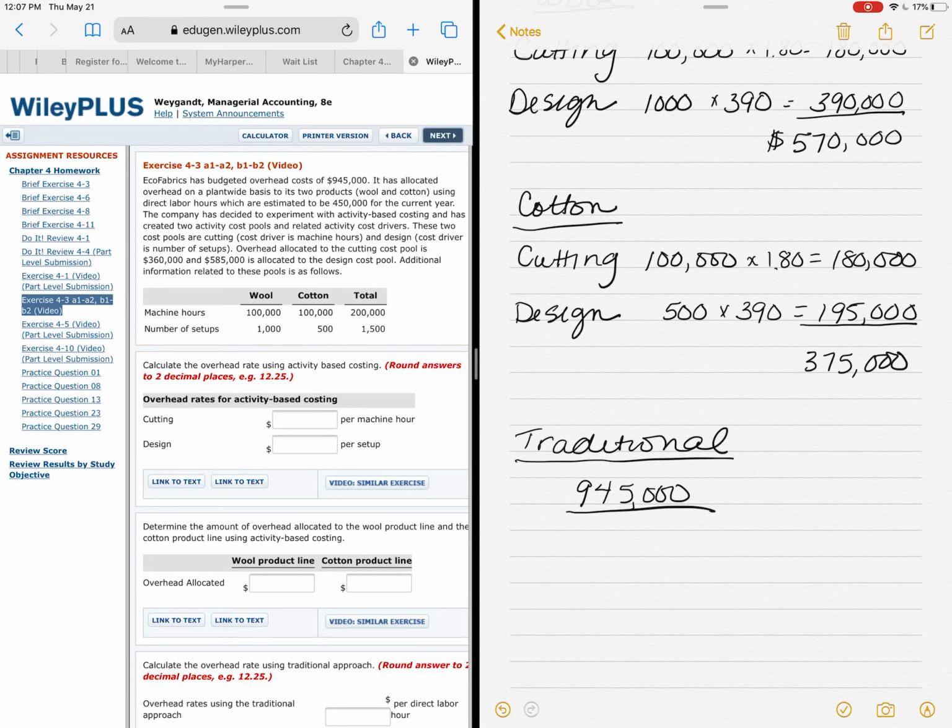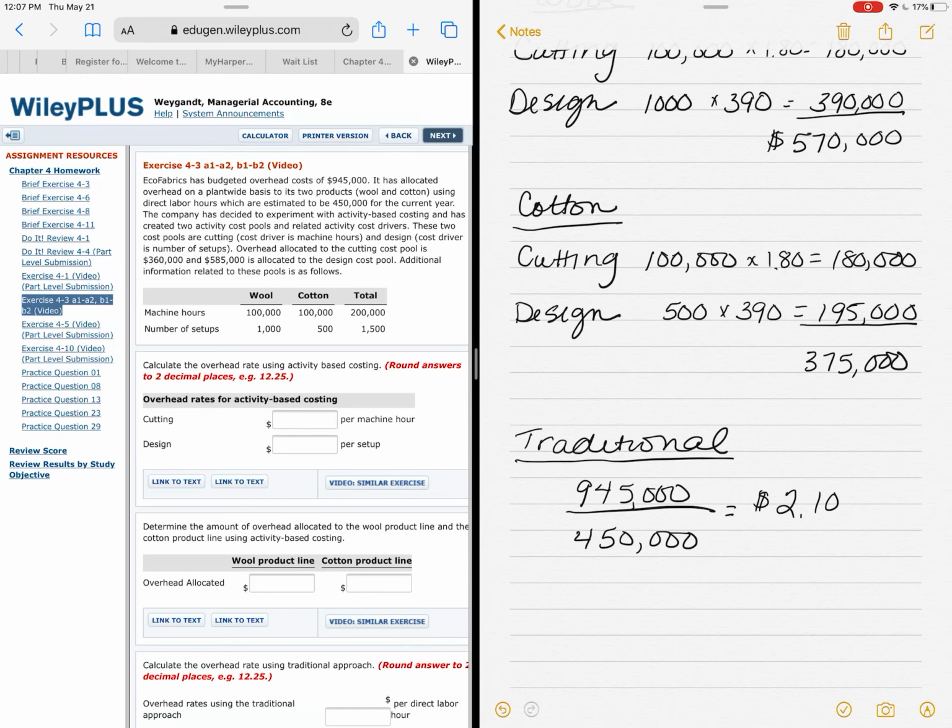I have to read through, and it tells me it's based on direct labor hours if I were going to do it in total, which is 450,000. Now I can multiply that out, and it's going to tell me my predetermined overhead rate under the traditional base costing would be $210 per direct labor hour.